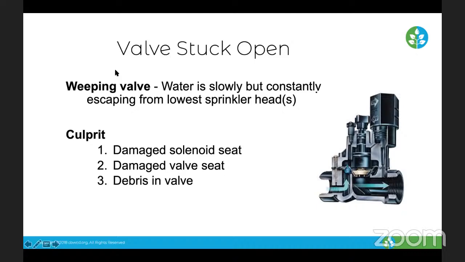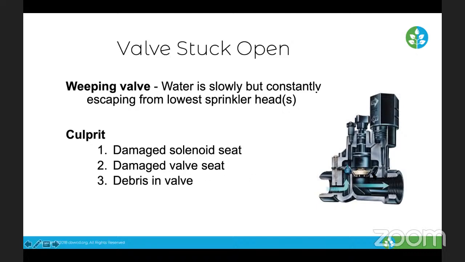So the culprit, if our valve is leaking just mildly, could be a damaged solenoid seat. If you open and close your solenoid to manually turn your valves on a lot, there could be some damage in there. Not getting a complete seal would cause a little bit of water to be trickling. Again, weeping is just a little bit of water trickling.